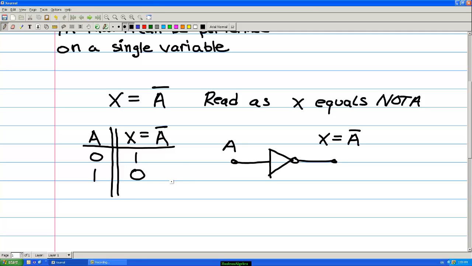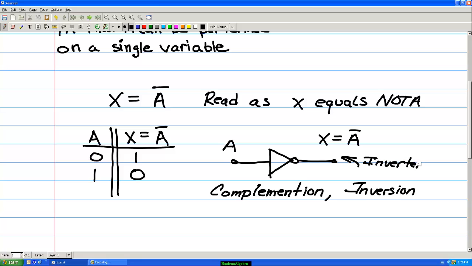Now, the NOT operation is also referred to as complementation and inversion. That's why we also call this an inverter. So it gives you the opposite of whatever the input is.